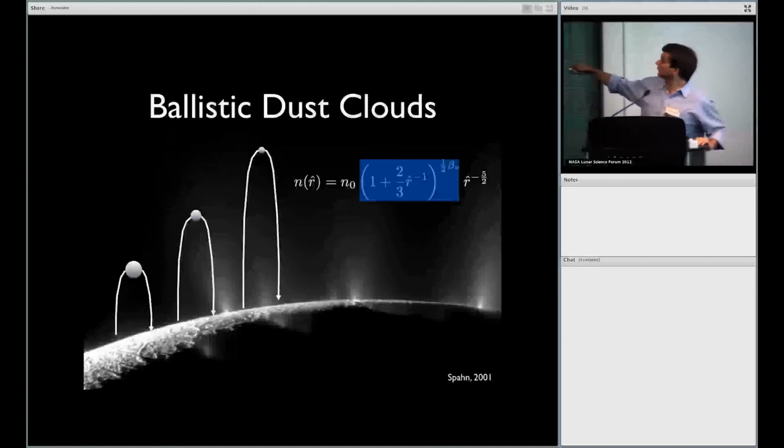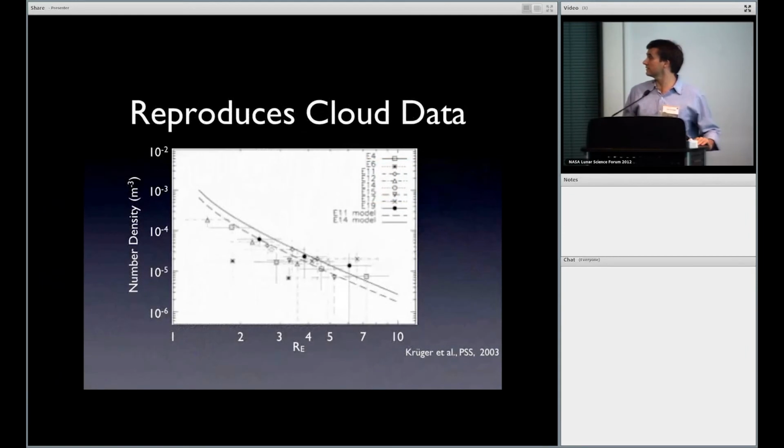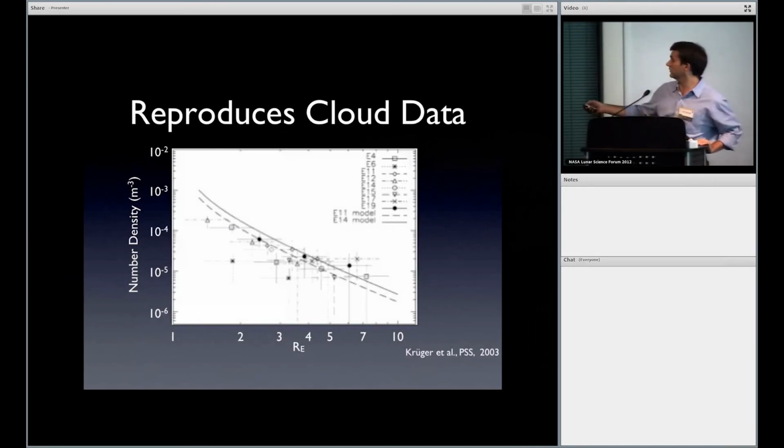There are two terms here. The first one depends on the velocity distribution of the particles. However, you can notice that for larger radial distances, this parameter goes to 1. So at higher altitudes, the density profile can simply be described by a power law of r to the minus 5 halves, where d is the index of the speed distribution characteristic to the moon and the impact process.